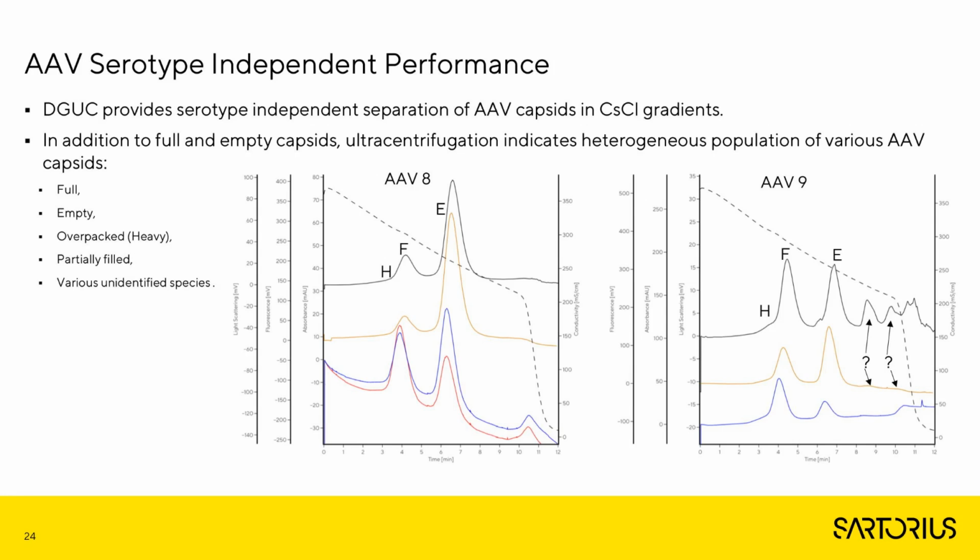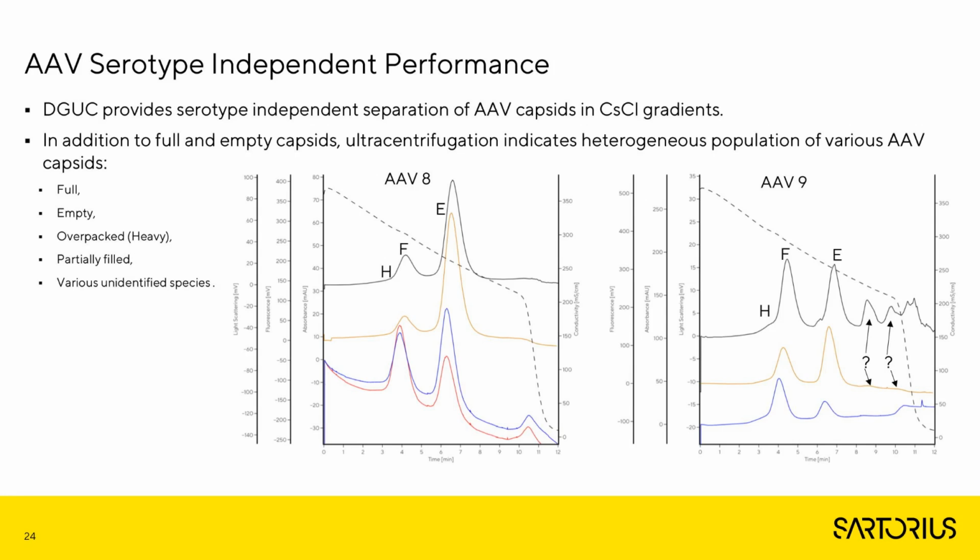So the quality of separation between different AAV serotypes is preserved. For example, if we compare AAV8 and AAV9, we see that the separation between empty and full peaks is approximately the same.